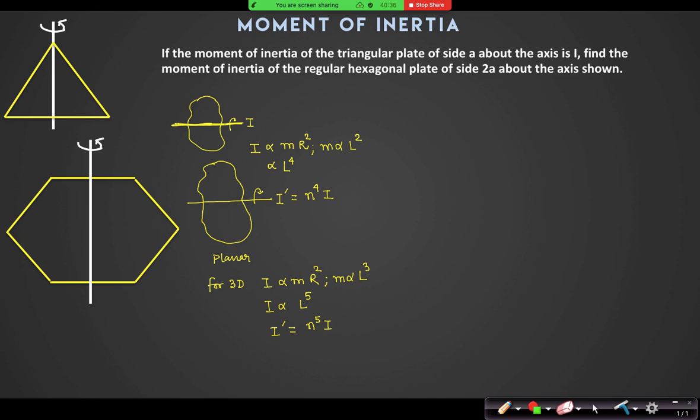Now come to the question. There is a square plate, sorry, a triangular plate, and a hexagonal plate. If you think about that hexagonal plate, I will redraw it.